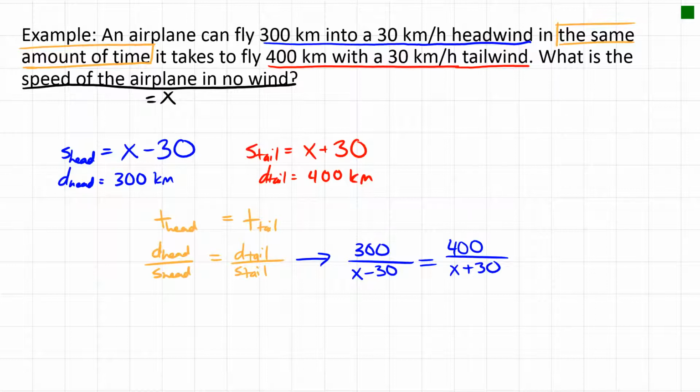And how would we solve this rational equation? The same way we'd solved them previously. We're going to multiply each side by the smallest thing that we need to eliminate the denominators. So I'll multiply each side by x plus 30 times x minus 30. And on this side, I need a little extra room. x plus 30 times x minus 30.